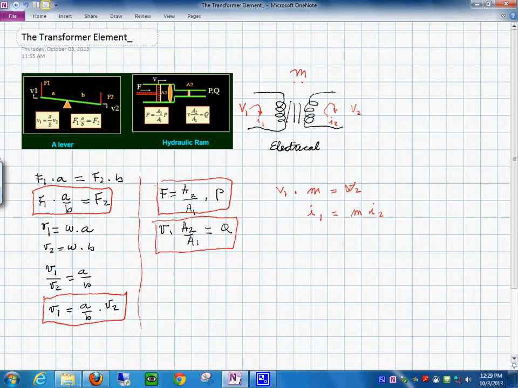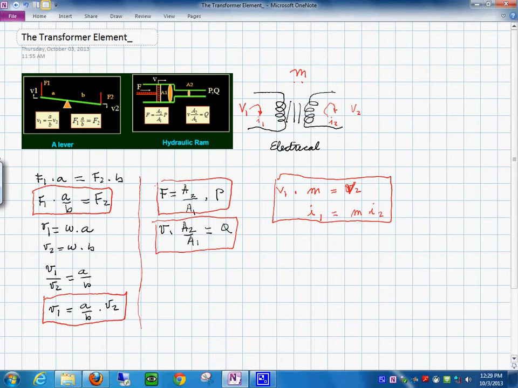This of course is not velocity but voltage. These are the equations that we have for the transformer element in the electrical domain.